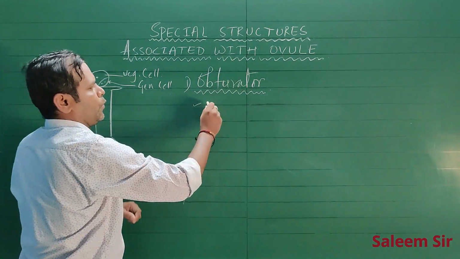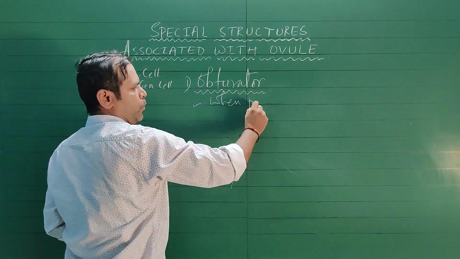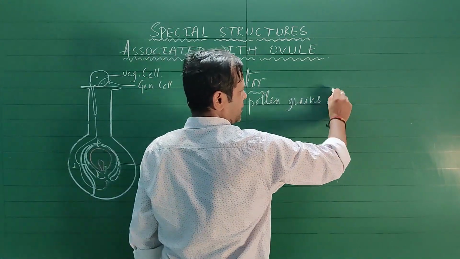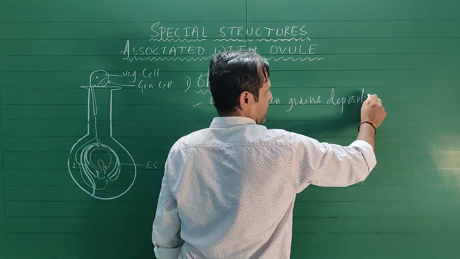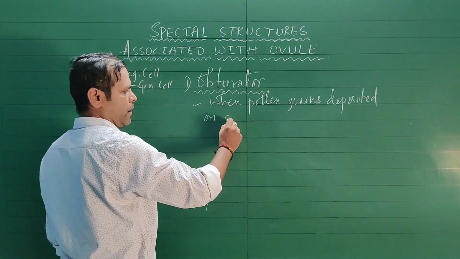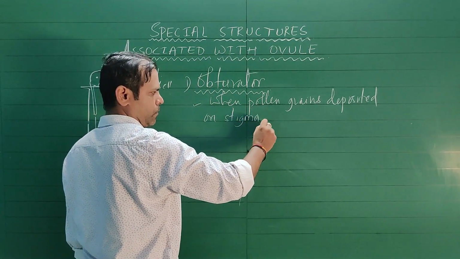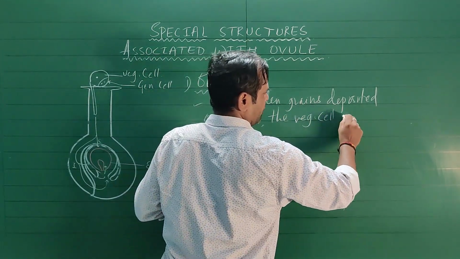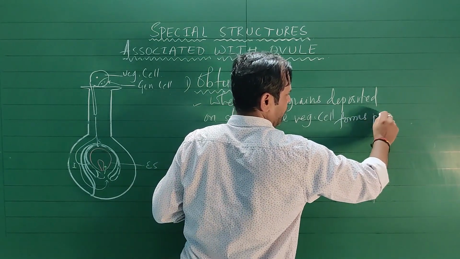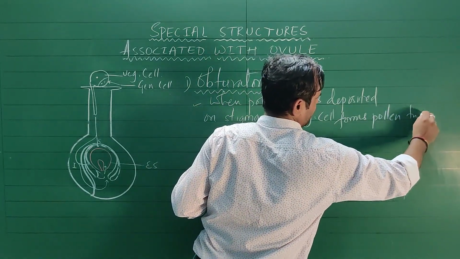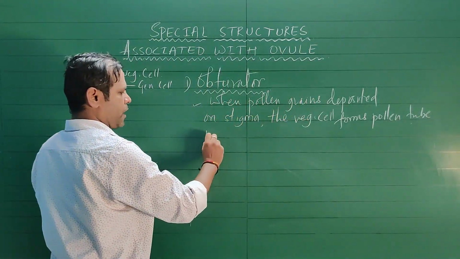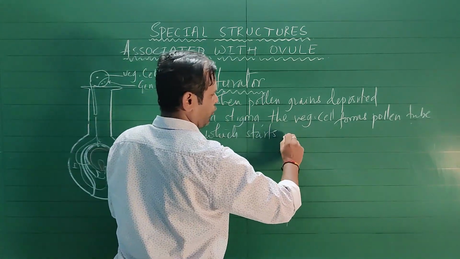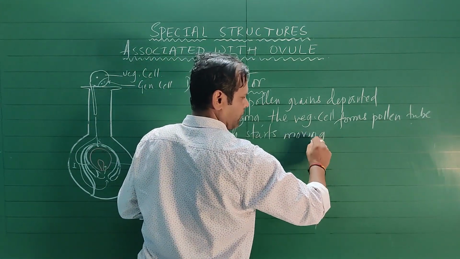So when pollen grains are deposited on stigma, the vegetative cell forms pollen tube which starts moving downside.